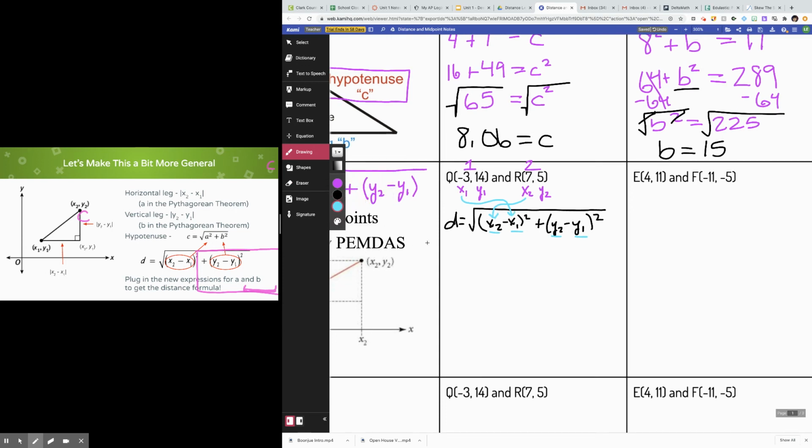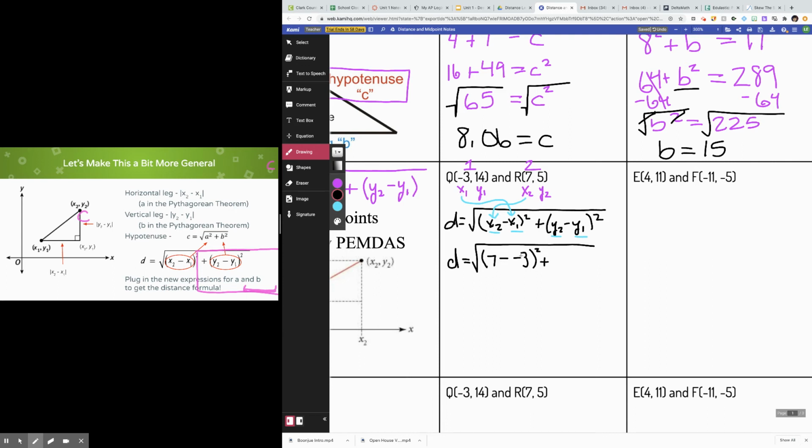Let's write that out. Let me change my pen color. So you have d equals the square root of x2 is 7, so 7 minus, and then x1 is -3. Notice that I'm writing both minus signs in there, so that I don't accidentally drop a negative sign.